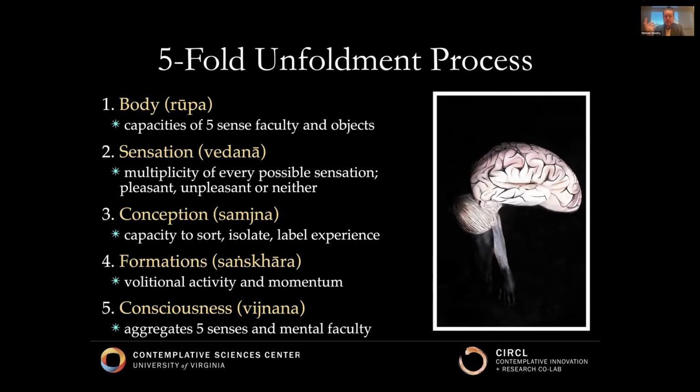That is to say, consciousness here, the Sanskrit is vijnana, is fundamentally the five sense faculties, including the mental sense, so the five that I outlined earlier, plus a sixth called the mental sense, the mental faculty. And as an aggregate, that is, as a whole process, this unfoldment is what's called consciousness. Okay?